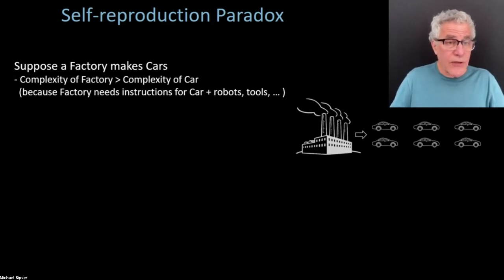Not only does the factory have to know how to make the cars, so it has to have all the instructions and whatever things that go into a car, at least represented in some sense in the factory, but the factory also has to have other stuff, the robots and the other manufacturing items, tools and so on for making the cars. So the factory has all the complexity of a car incorporated, plus other things as well. And for that reason, one could imagine that the factory's complexity is more than the car's complexity.